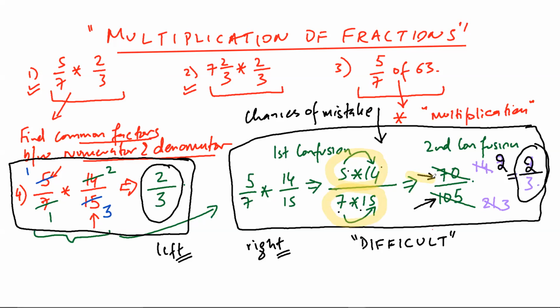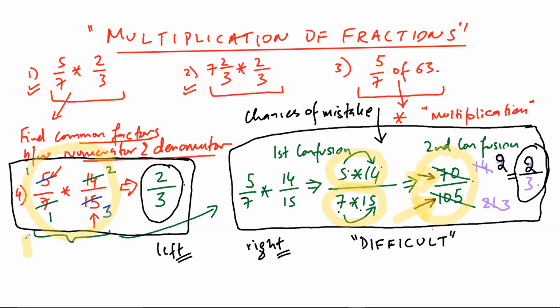You made 70, which is a bigger number. 7 and 15 were small numbers, but you made 105, which again is a bigger number. Now, is it easier to cancel smaller numbers or bigger numbers, Mr. Sarthak? Smaller numbers.